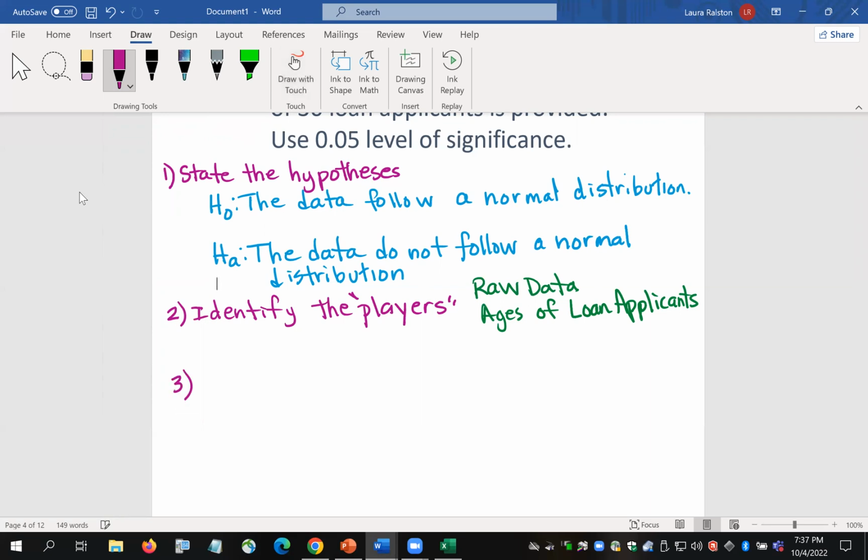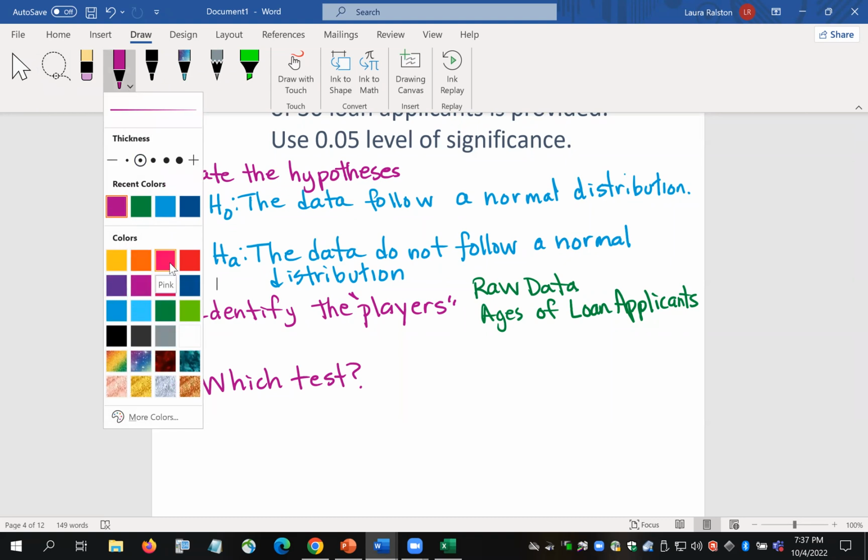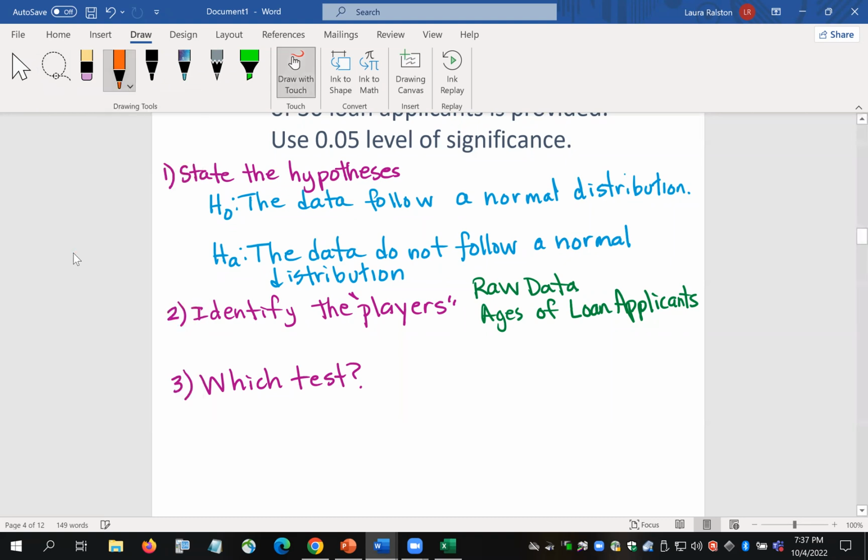Then step 3 is which test. Again, this question itself is about whether or not we have a normal distribution. And so the only test that we're talking about in relationship to normality is the Anderson-Darling. So we're going to conduct the Anderson-Darling test of normality again.